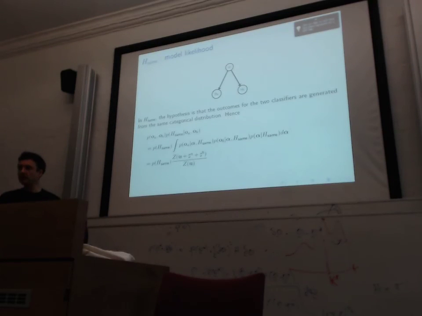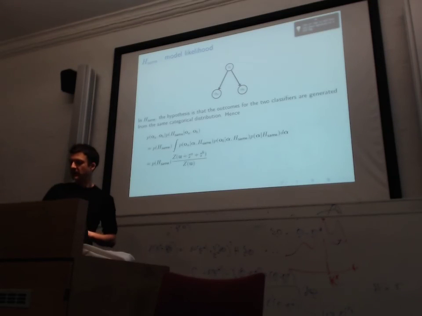That's the independent case, and the dependent case is a similar thing. We play the same game. This is the term we're interested in, the posterior of H same given the observations. This term is basically the likelihood times the prior.